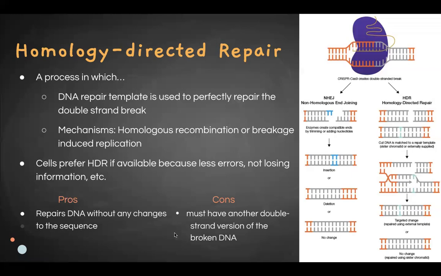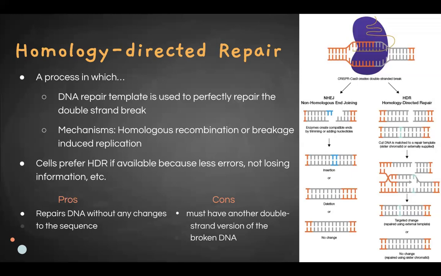There isn't the deletion of nucleotides like in non-homologous end joining, but the con, of course, is that there must be another double-stranded version of the broken DNA. So you can imagine if the cell is in G1, just before DNA replication occurs, and this double-stranded break happens, the cell is not going to have a sister chromosome, two copies of every chromosome lying around.